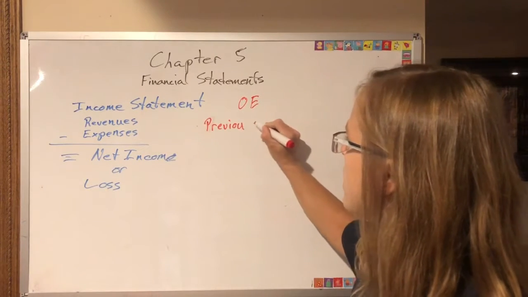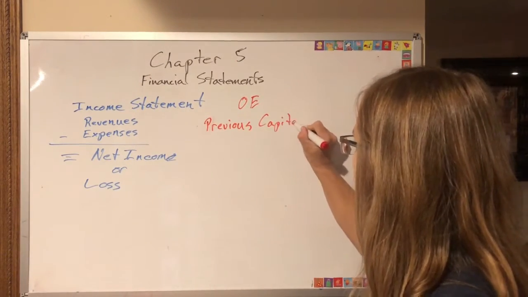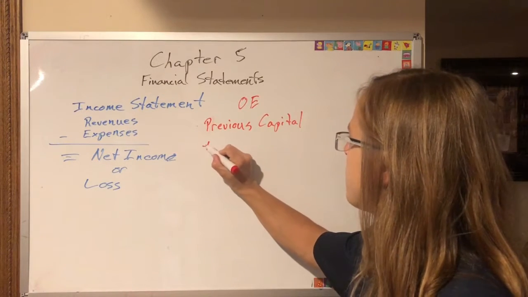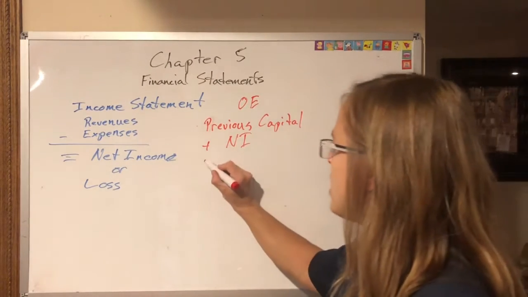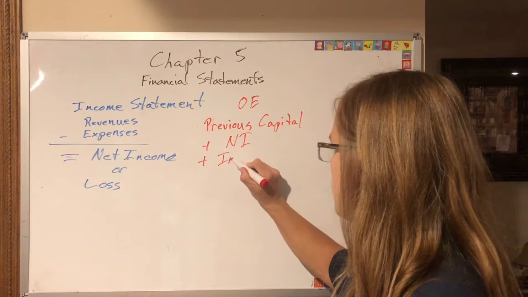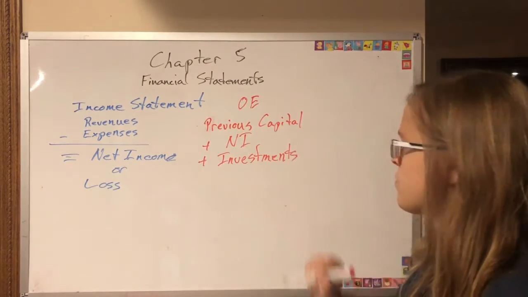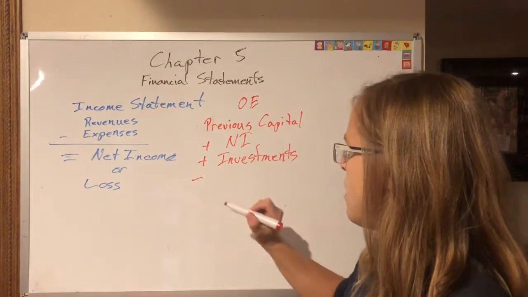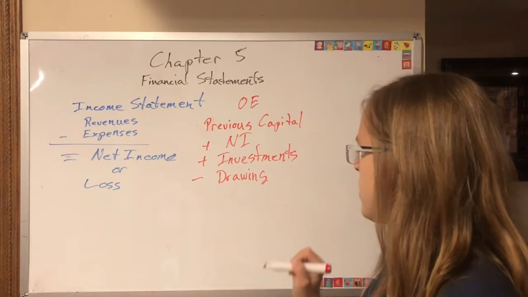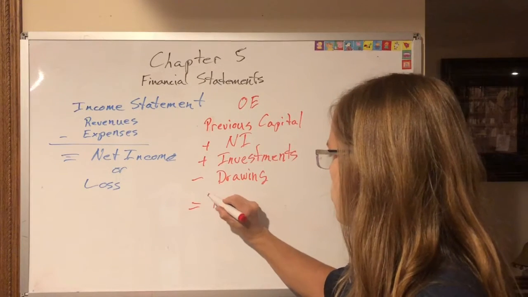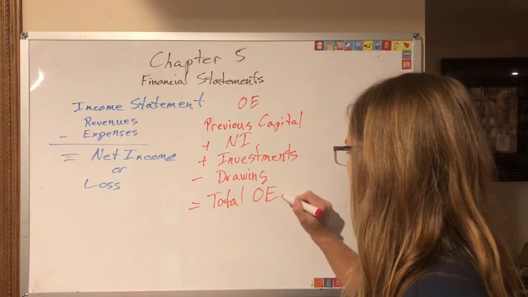Previous capital, and you saw that Ann didn't have any previous capital, so it just remains 0, plus net income, plus any investments, and minus drawing. Equals total owner's equity or capital.